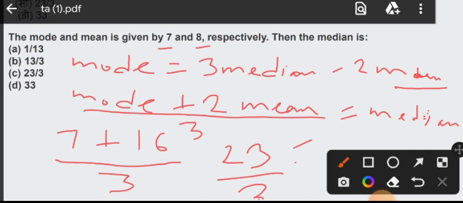So this is the median value. It is option C. So 23 by 3 is the right answer.